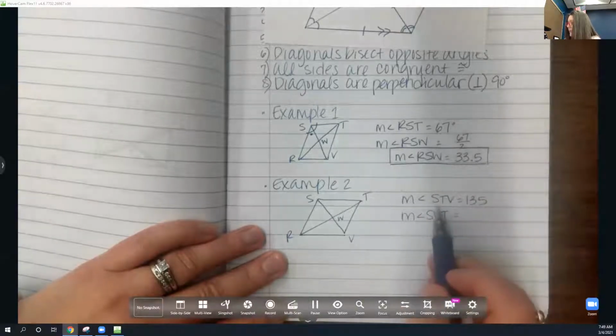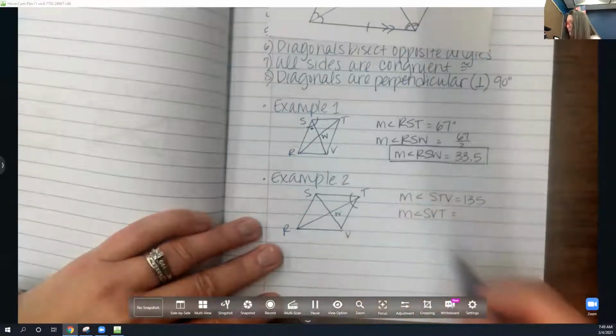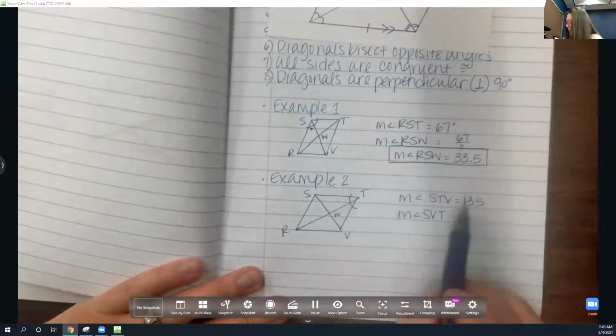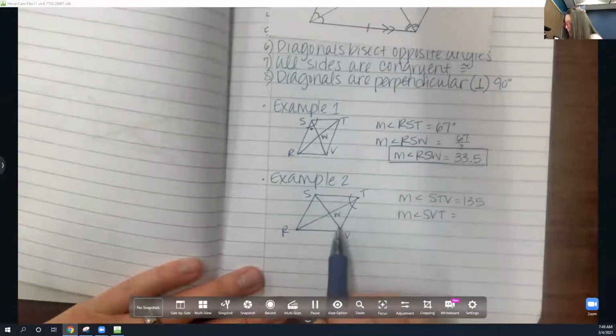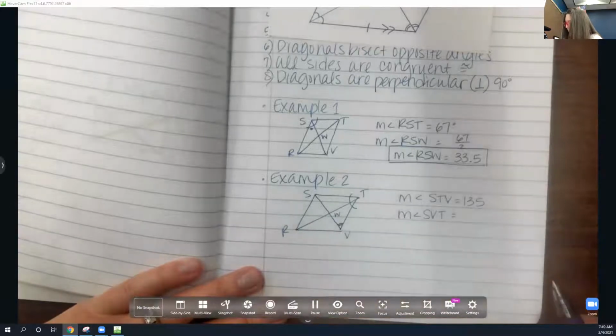So let's figure out what STV is. STV, that's this whole angle here. We always look at that middle letter that tells us what the vertex is. STV is 135, and I want to find SVT. Oh, that one's tricky right here. I want to find this one.